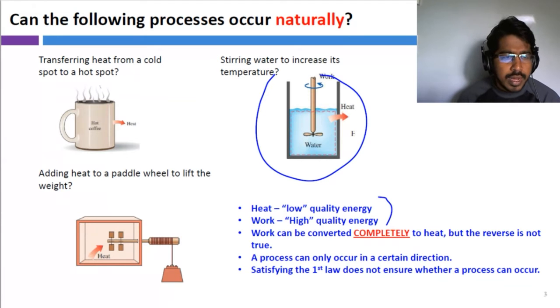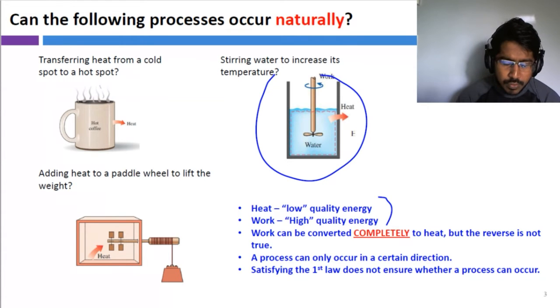If we just provide heat into some system, it does not do what we want. We have to have a mechanism in place, a relatively complicated mechanism. Such forms of energy we call low quality energy, right? Work can be converted to heat completely, but the reverse is not true.